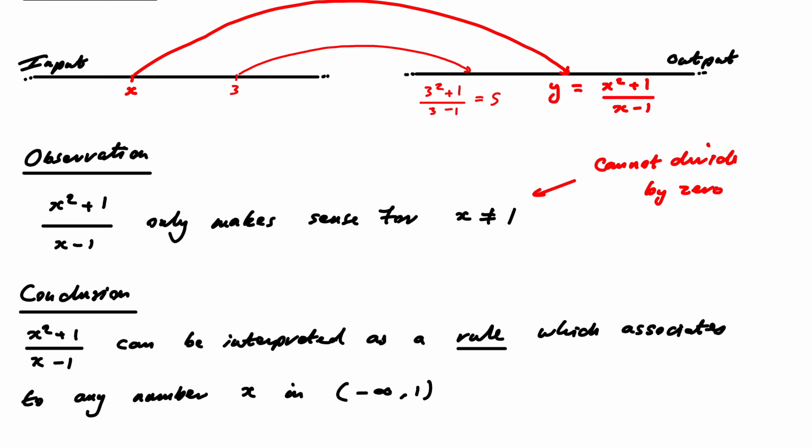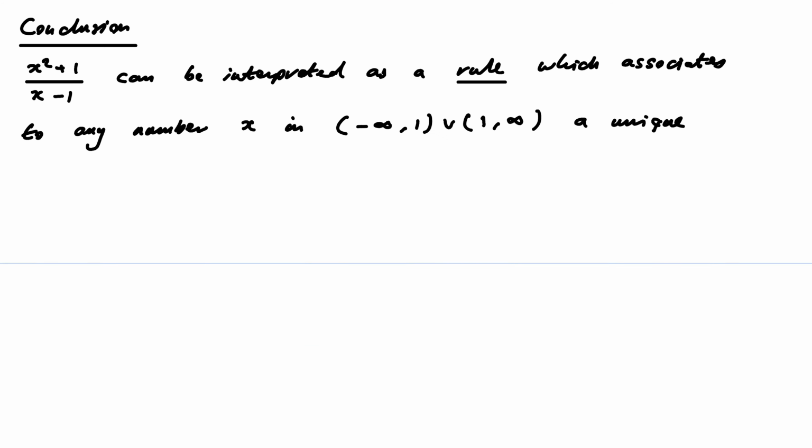So these are the things which are strictly less than 1, union strictly bigger than 1. So that's just a pretty nasty way of writing the real numbers excluding 1. So to any x in this, a unique number which I'm going to call y, which is equal to x squared plus 1 divided by x minus 1.